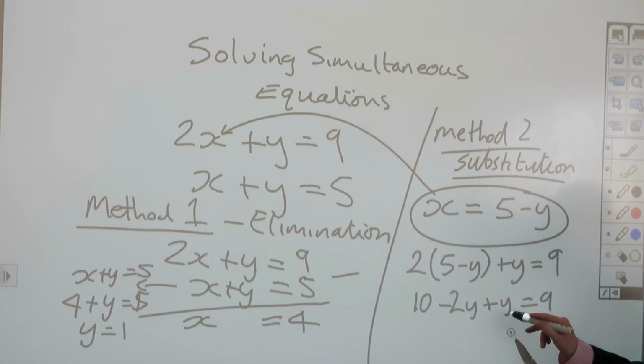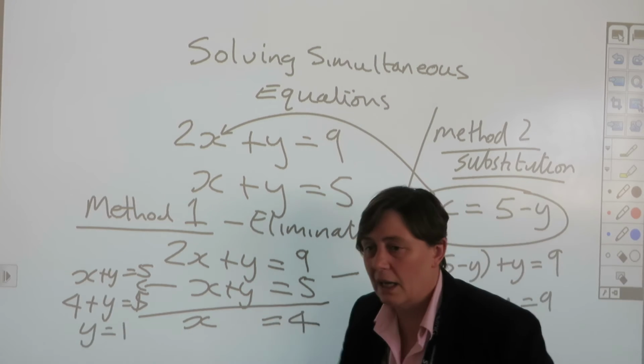Minus 2y plus y gives me minus y, so that's 10 minus y equals 9. Something minus something equals 9. Okay, so 10 minus something equals 9. So y equals 1. So again, we've got the same answer as we had there.